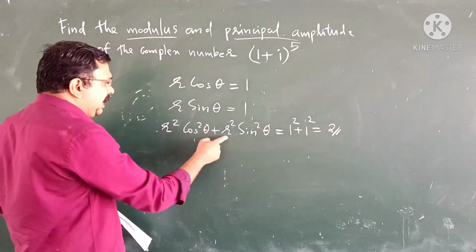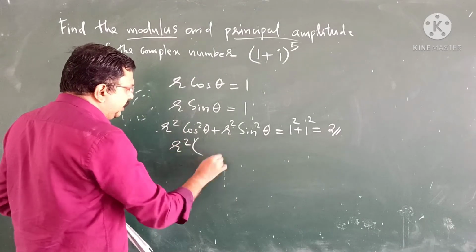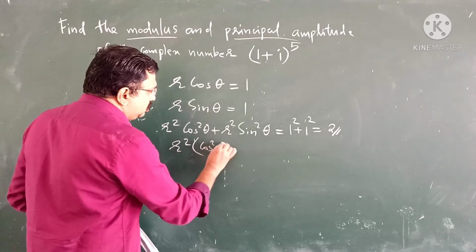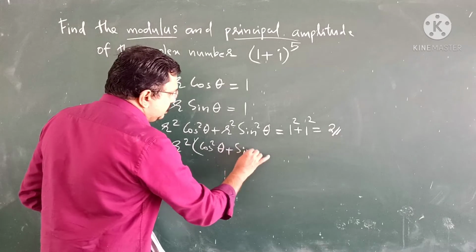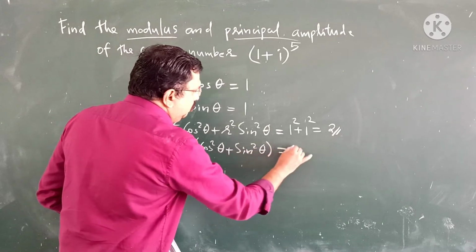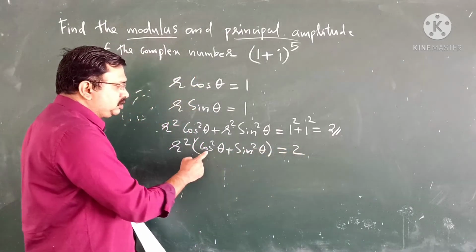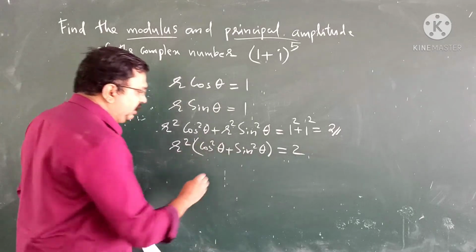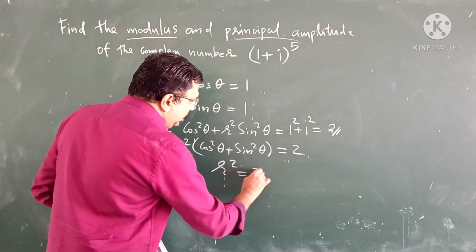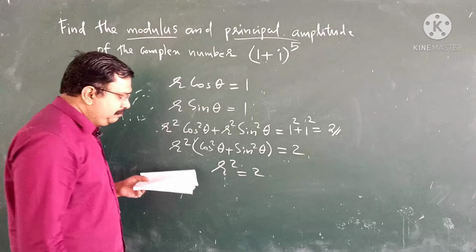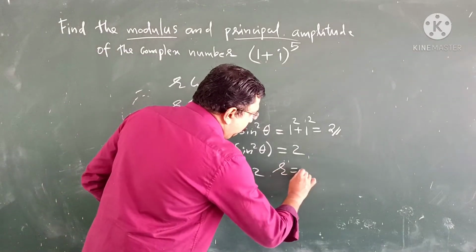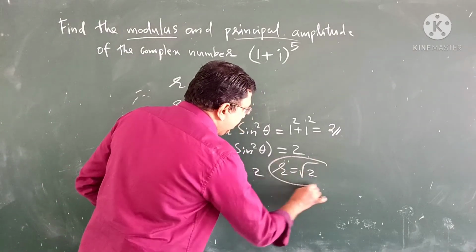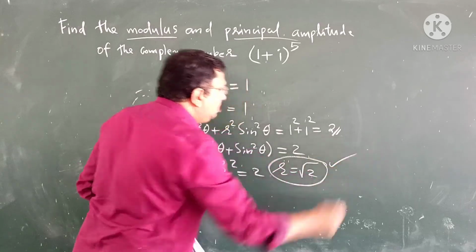Here r² can be taken outside: r²(cos²θ + sin²θ) equal to 2. We know that cos²θ + sin²θ is 1, therefore r² equal to 2. That means r equals root 2.